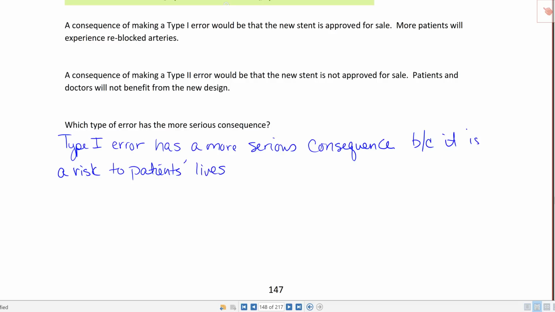Remember that, given that there are stents with lower reblock proportions available.